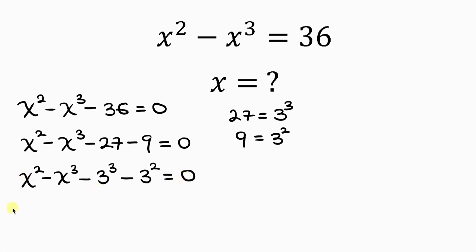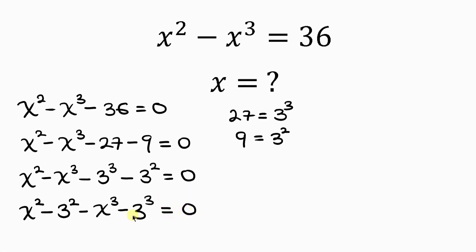Squares should be paired together. So we have x squared paired with negative 3 squared. Now this is negative x cubed, so negative x cubed paired with negative 3 cubed. Very good. This is equal to 0.